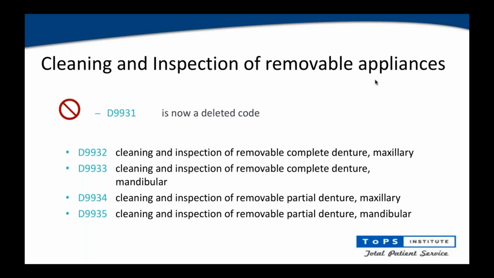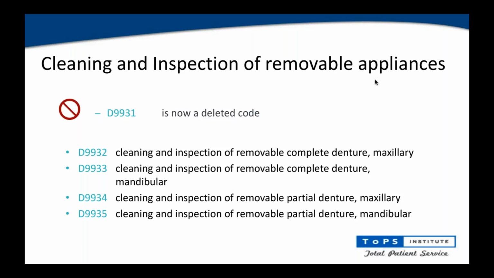Instead, what the CDT has done is they have added 4 codes. So the 9932 is for cleaning inspection. And you'll notice the one is an upper denture, one is a lower denture, one is an upper partial, one is a lower partial.